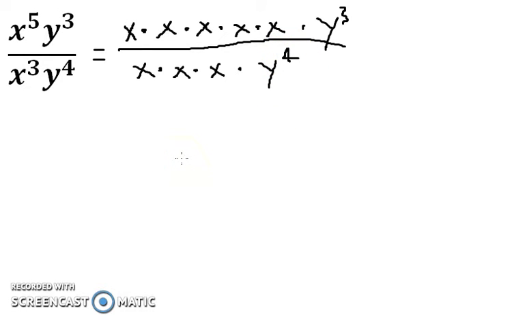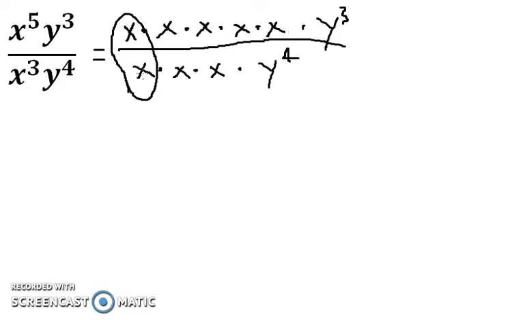Alright. Now you'll notice, if you take these one by one, and since everything's multiplied, you can just divide if there's anything that's the same on the top and the bottom. For example, right here you have x over x.